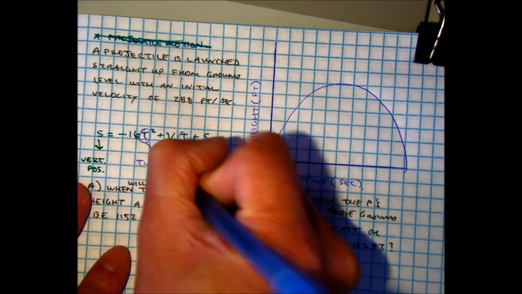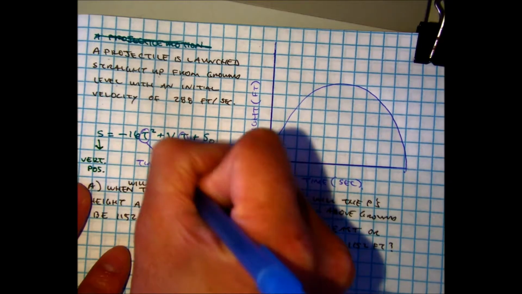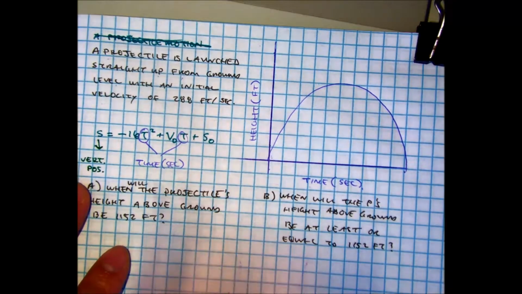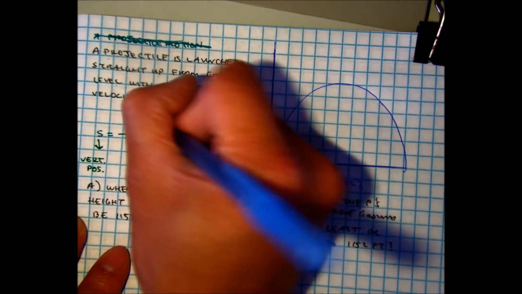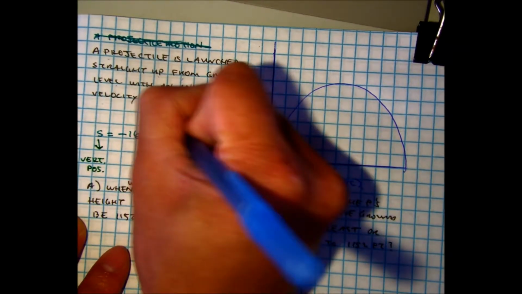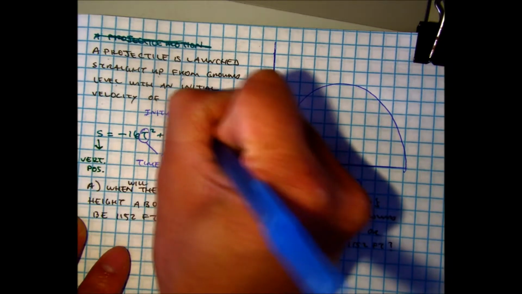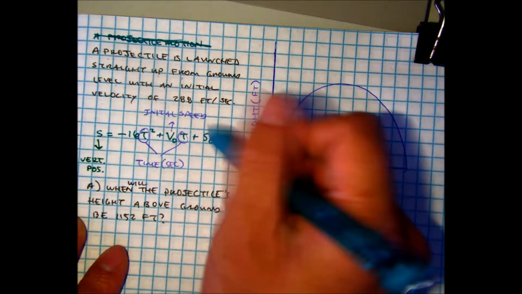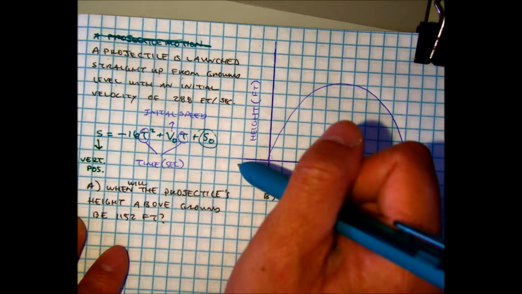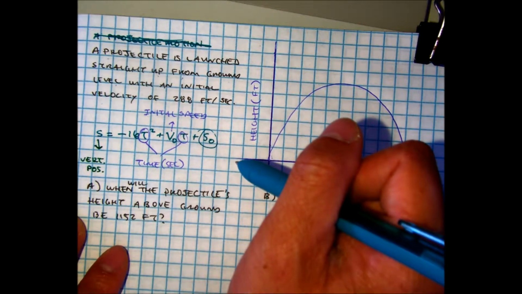Time measured in seconds. V0 represents what? Initial velocity, or your speed. And the S0 represents your feet above ground.